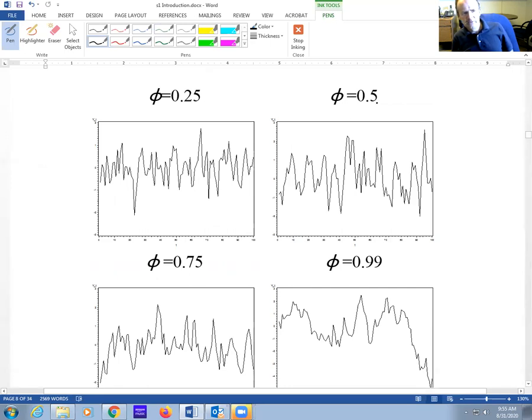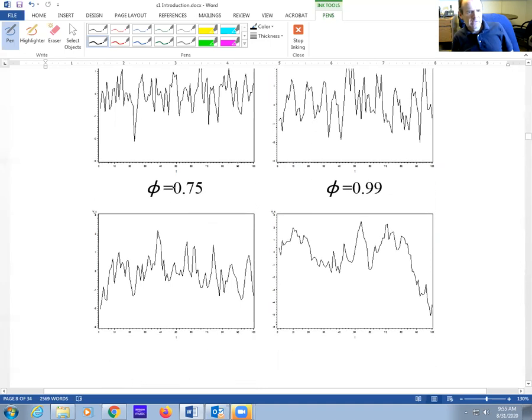When you raise phi to 0.5, you start to see it a little bit more. At 0.75, even more. And in the last one, I have phi of 0.99, and there you can really see a kind of drag in the function. If it starts going high, it takes a while to come back down because of that high degree of correlation with the previous day.